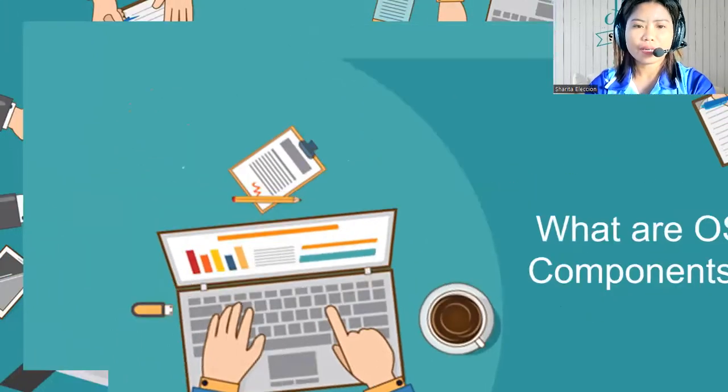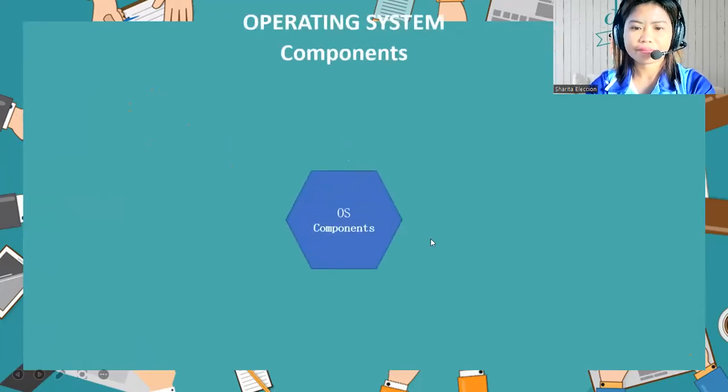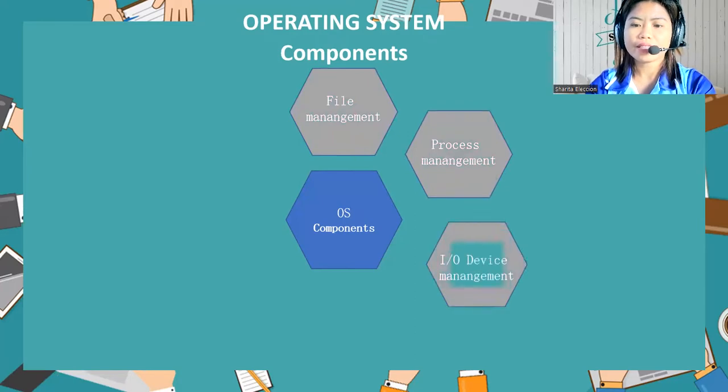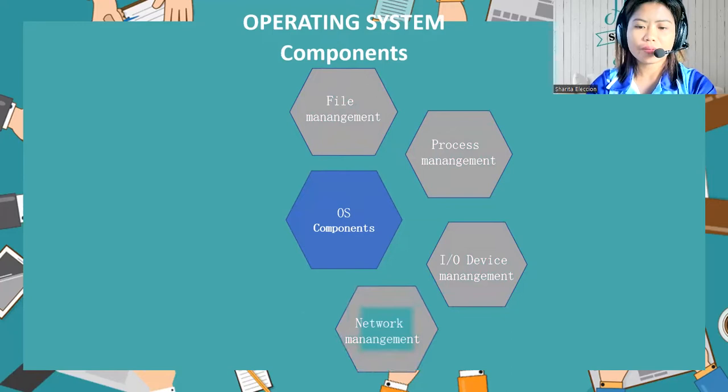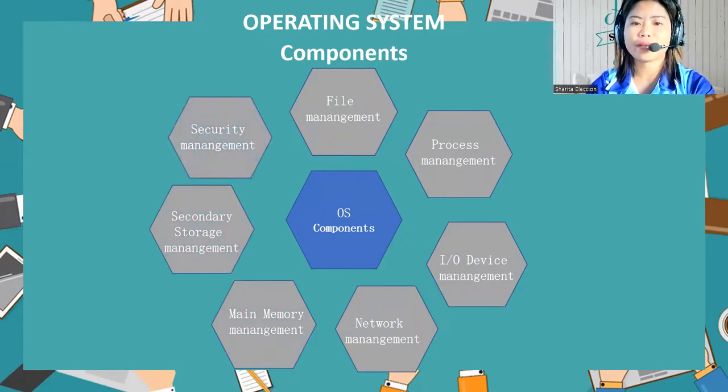These are the operating system components: file management, process management, input-output device management, network management, main memory management, secondary storage management, and security management.